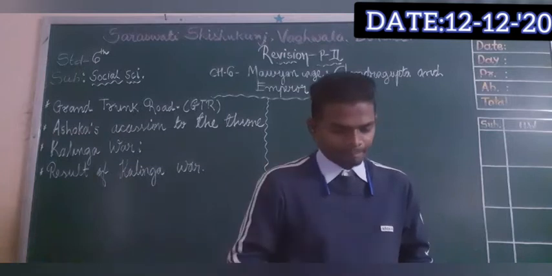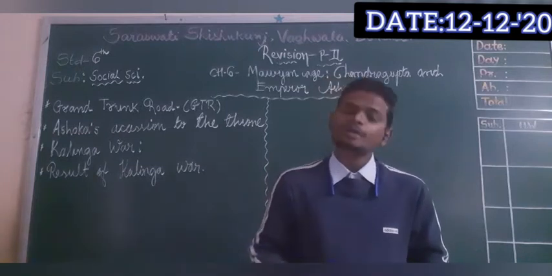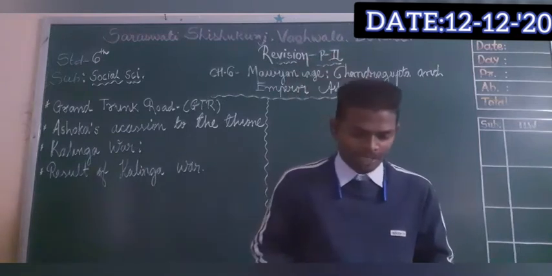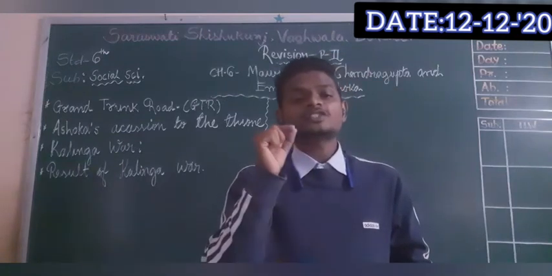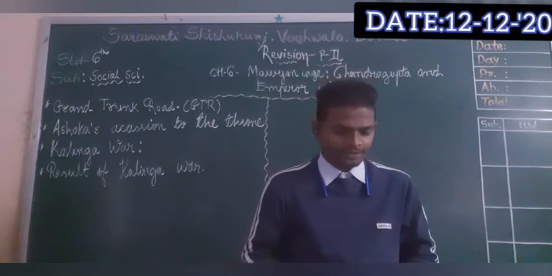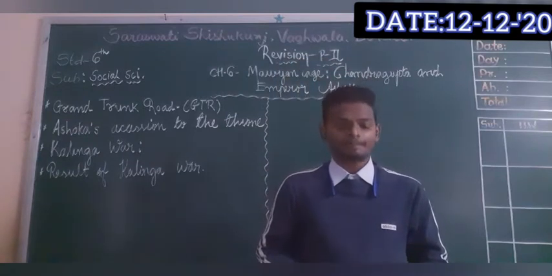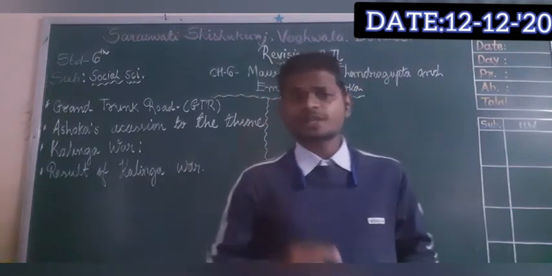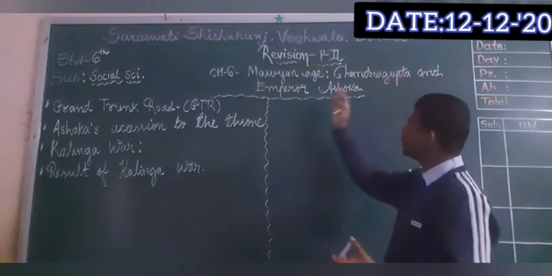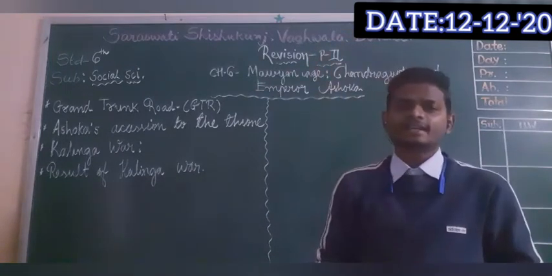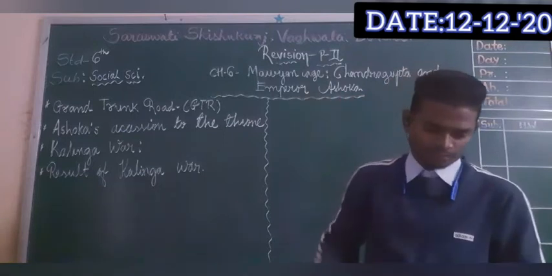The Mauryan empire was established by Chandragupta Maurya with the help of Vishnugupta, who is called Chanakya or Kautilya. It is said to be the first historical empire of India. So he established and extended his empire.